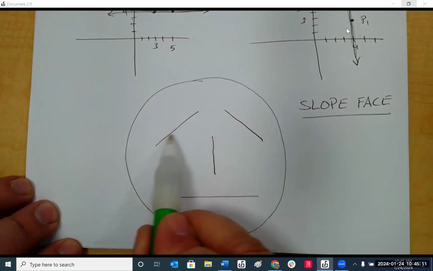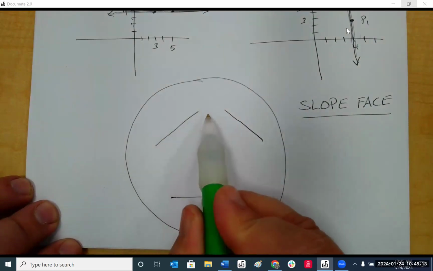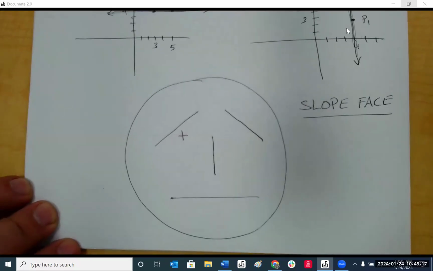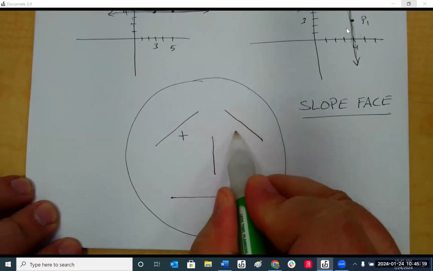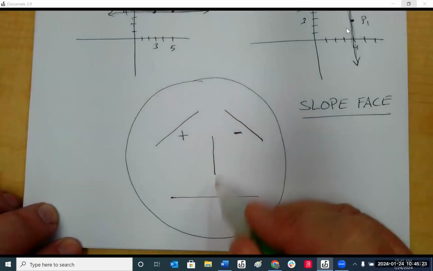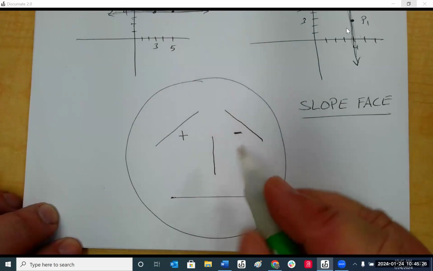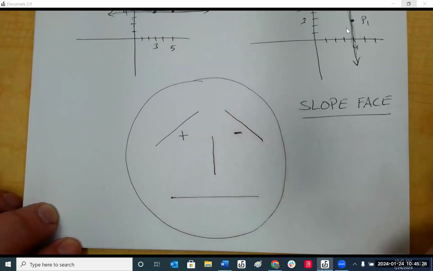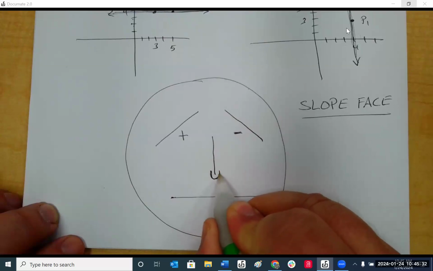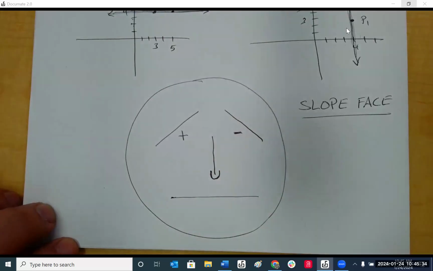So reading left to right, what kind of slope is this? It's a positive slope. Left to right, this one is a negative slope. If it goes up and down, what's the slope? Undefined. If it's horizontal, the slope is 0.